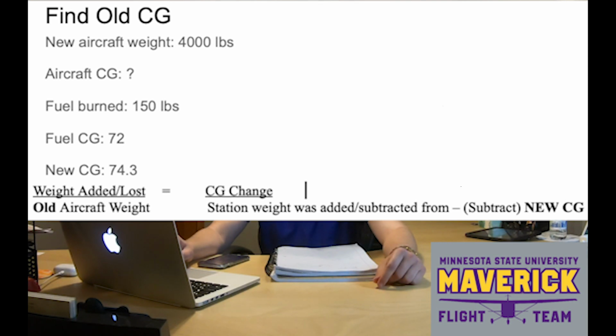However, we want to find the old aircraft CG. We don't know what the previous CG was. And on the trip, we burned 150 pounds of AV gas, which the fuel CG is 72 inches, and the new CG is 74.3. So given these numbers, we could totally find out the previous aircraft CG.